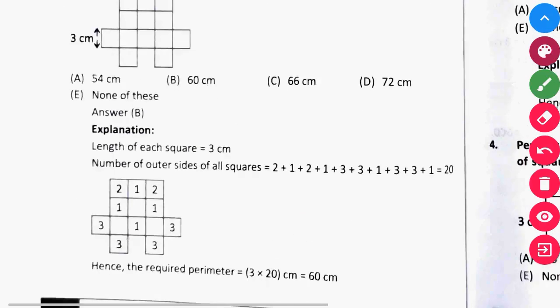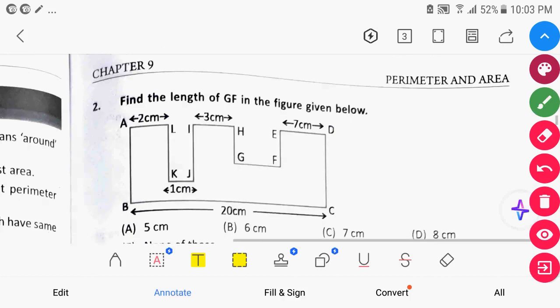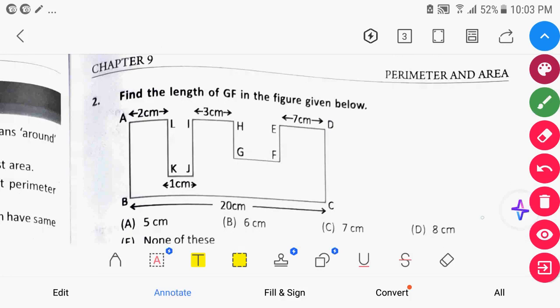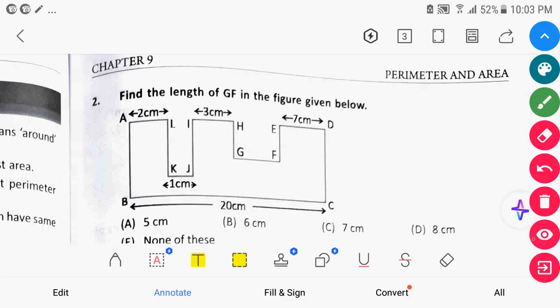Now the second example is: find the length of GF in the given figure below. See, what we have to do here is draw imaginary lines. We have to find the length of this GF.